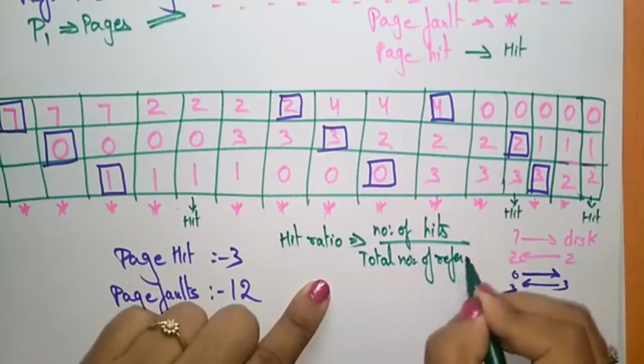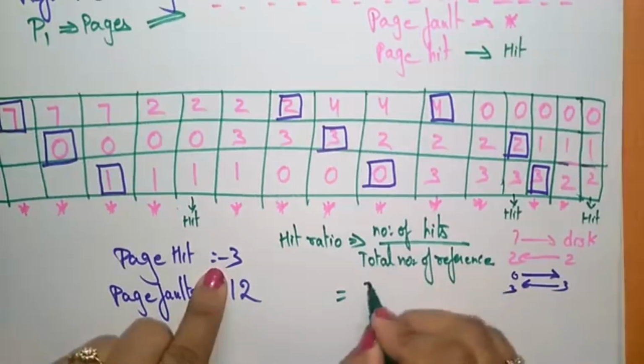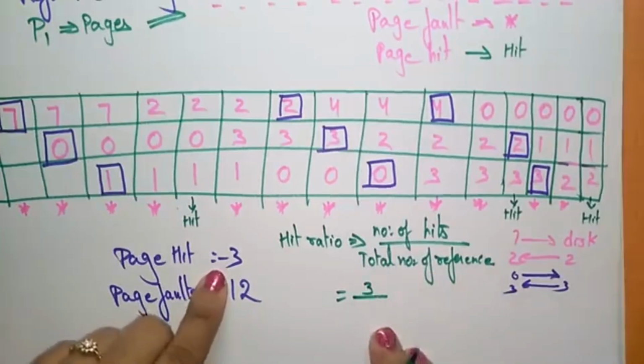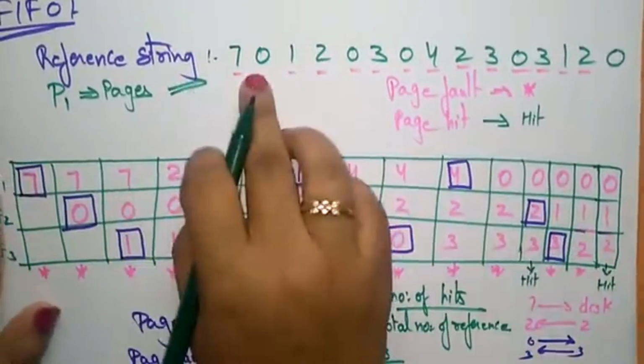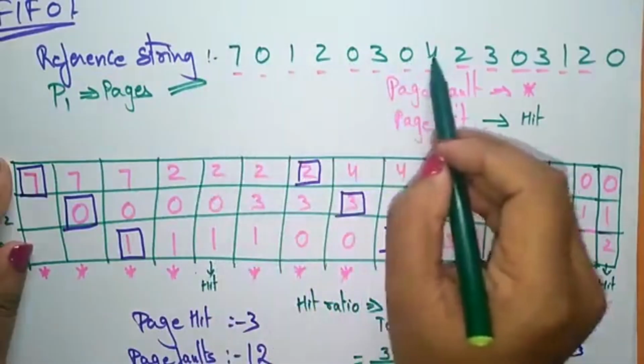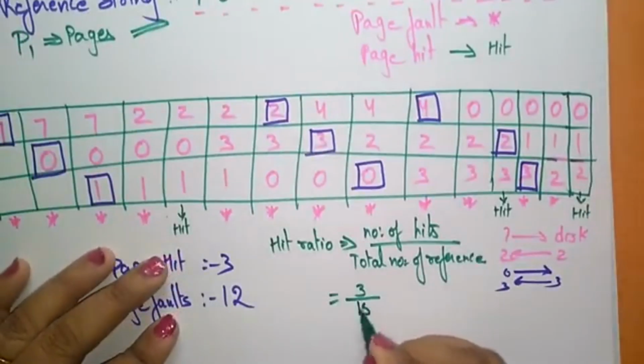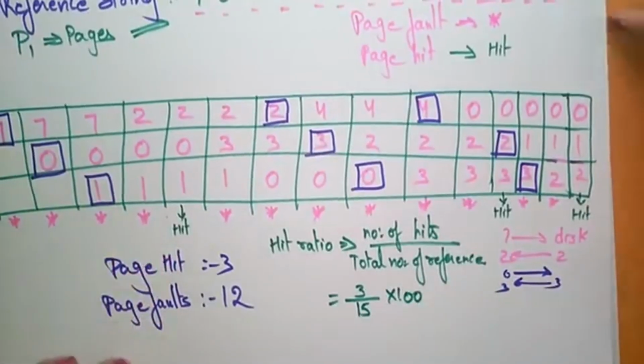This is the formula to calculate the hit ratio. The number of hits is 3. What is the total number of references? The pages that the CPU is requesting: 1, 2, 3, 4, 5, 6, 7, 8, 9, 10, 11, 12, 13, 14, 15. Total 15 pages, into 100.